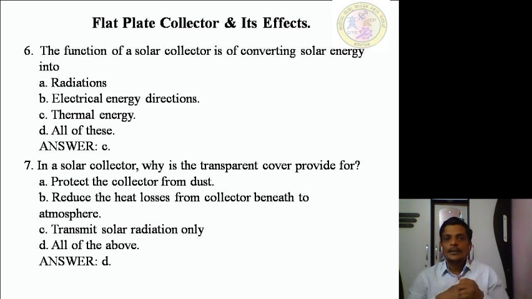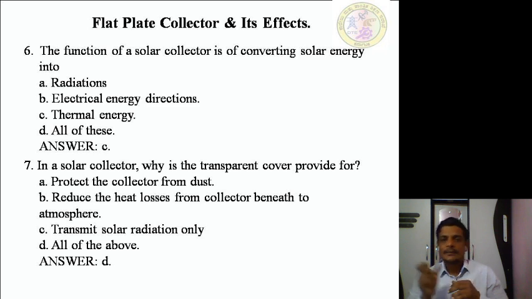In a solar collector, why is the transparent cover provided? It's a very simple question. The options are A, protect the collector from dust, B, reduce the heat losses from the collector beneath to the atmosphere, C, transmit solar radiation only, and D, all of the above.